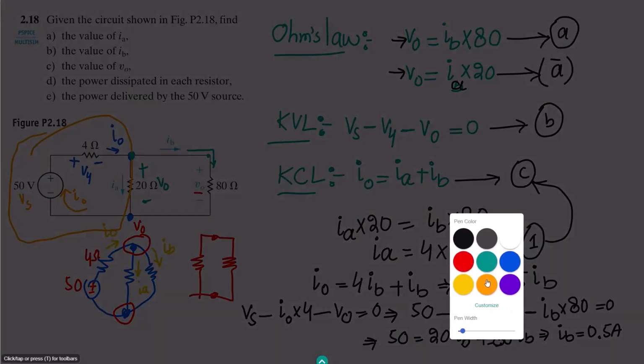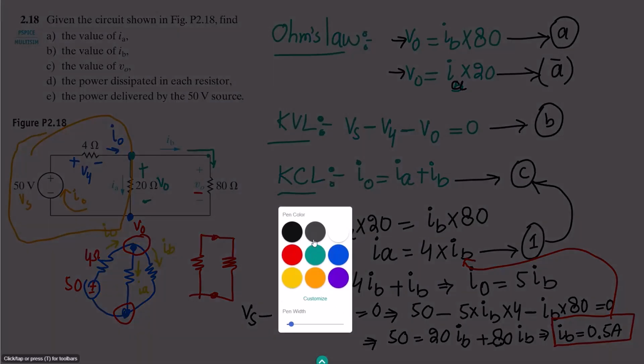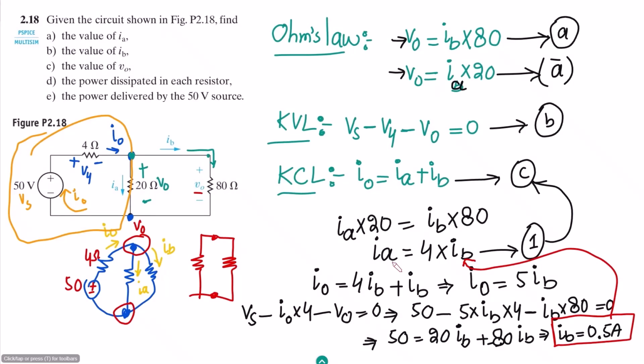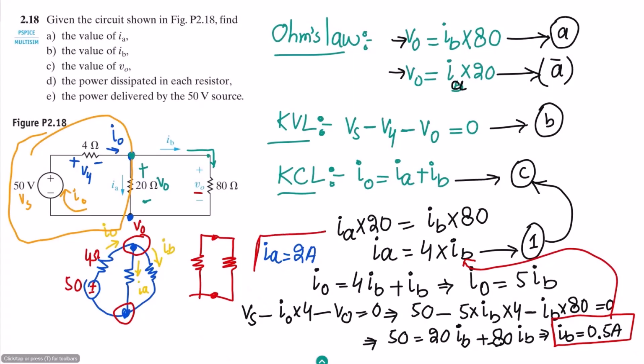Okay, so this is the value of IB. IB is known. From this value we can put it in equation 1 and see that the value of IA will be equal to 4 multiplied by IB, so that is 2 amperes. So this is IA.